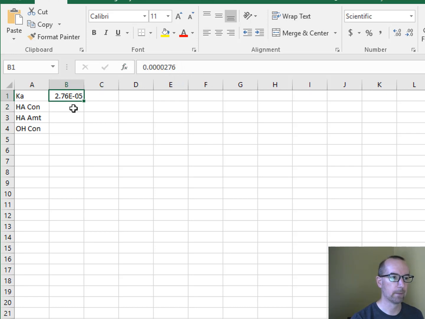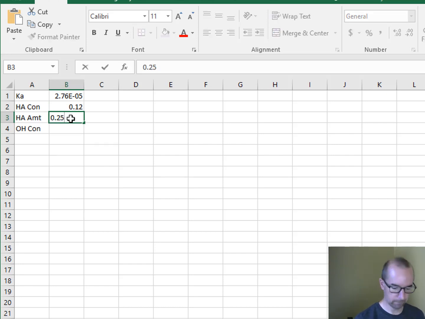My concentration was 0.120. The amount that I was given was 25 milliliters, and I'm going to do all of this in liters, so 0.025, and my OH concentration is 0.012. Those are my constants.